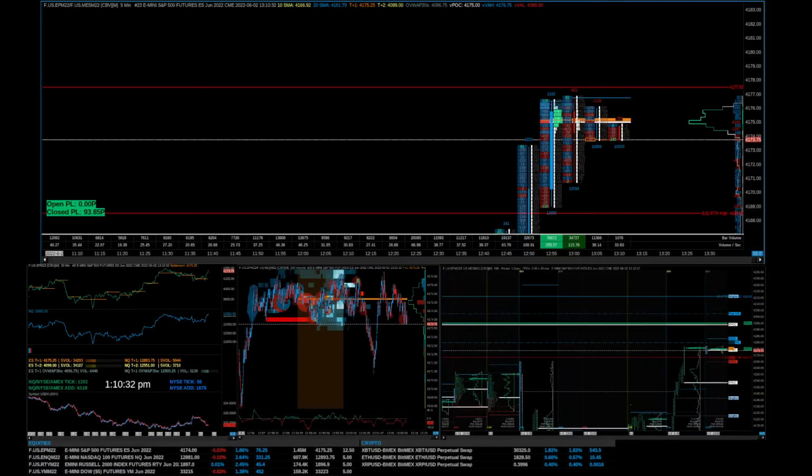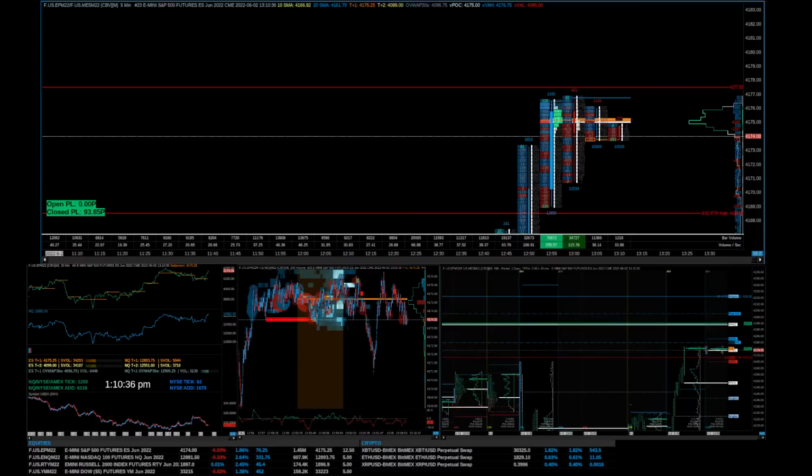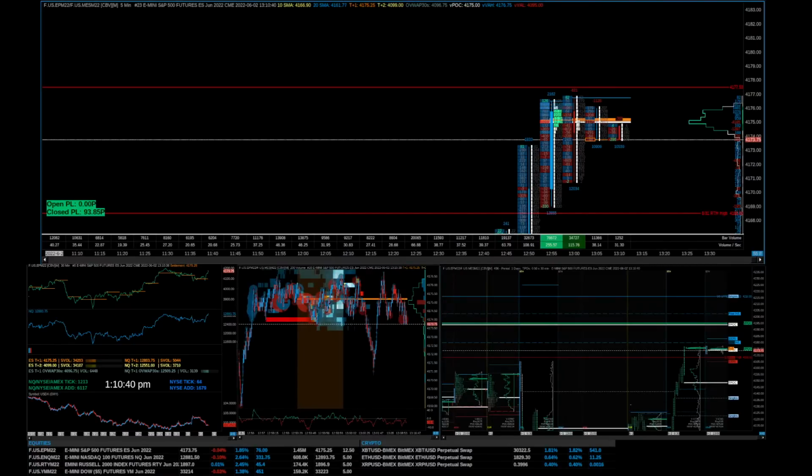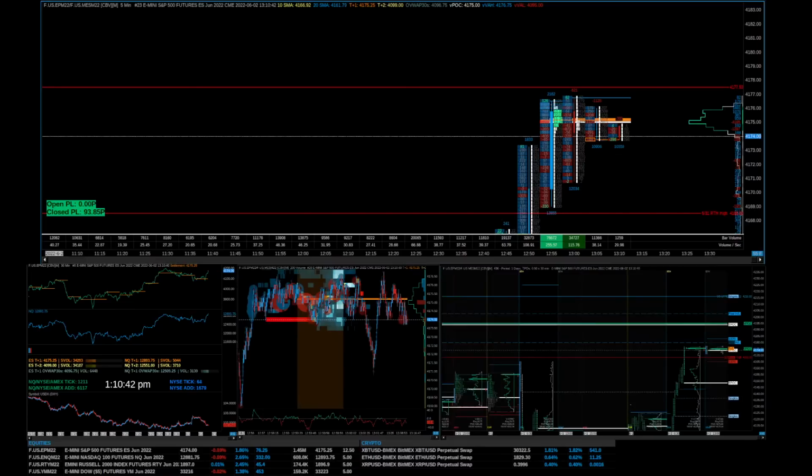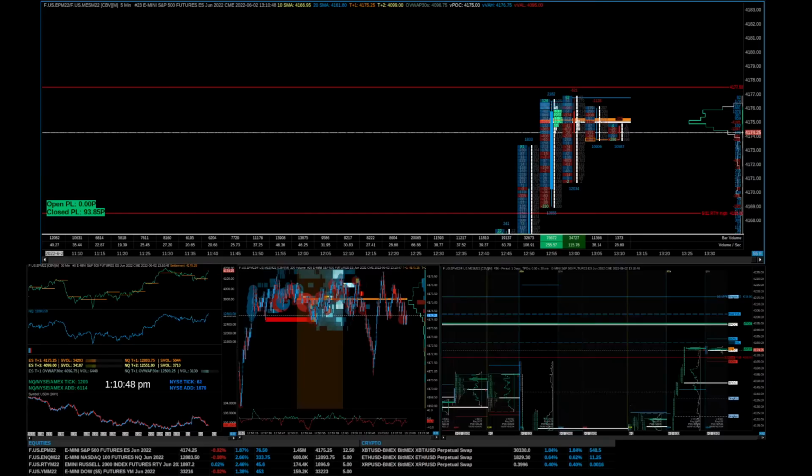Come up with your own little system that works for you based on how you see market participants either buying or selling, and you want to go with one side or the other. And you think if you can repeat that and you have edge, construct something in here.